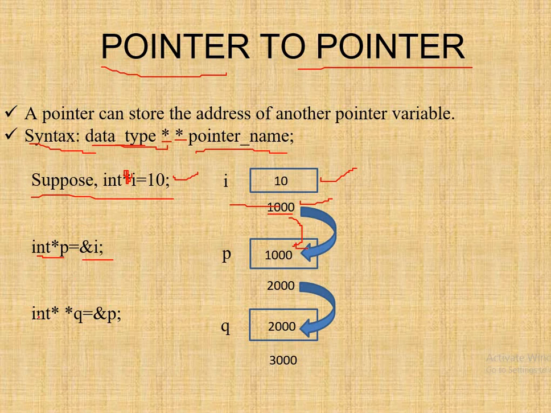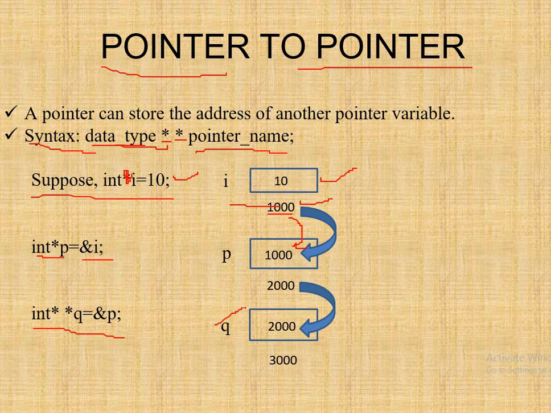After that we can see int **q = &p. Basically this is a pointer to pointer. In this we are storing the address of p, where p is a pointer variable.